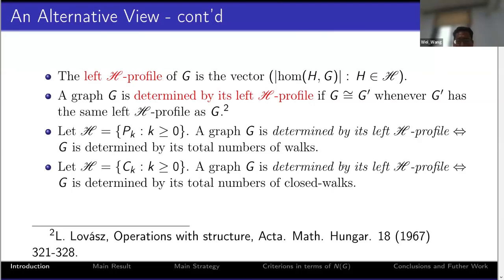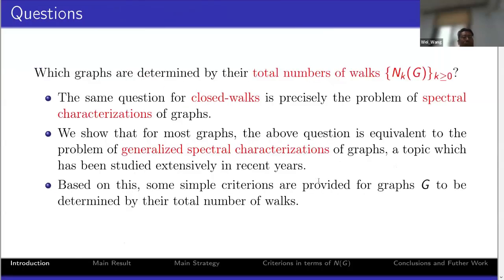Then G is determined by its Lovász profile if and only if G is determined by its total number of closed walks. From this we can see that our previous problem can be considered in this general setting. In this talk, we are mainly concerned with the problem of which graphs are determined by the total number of walks.